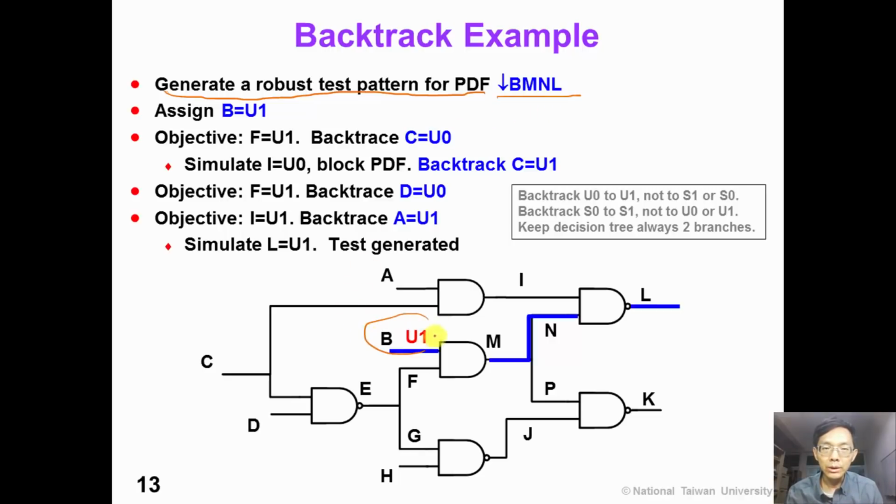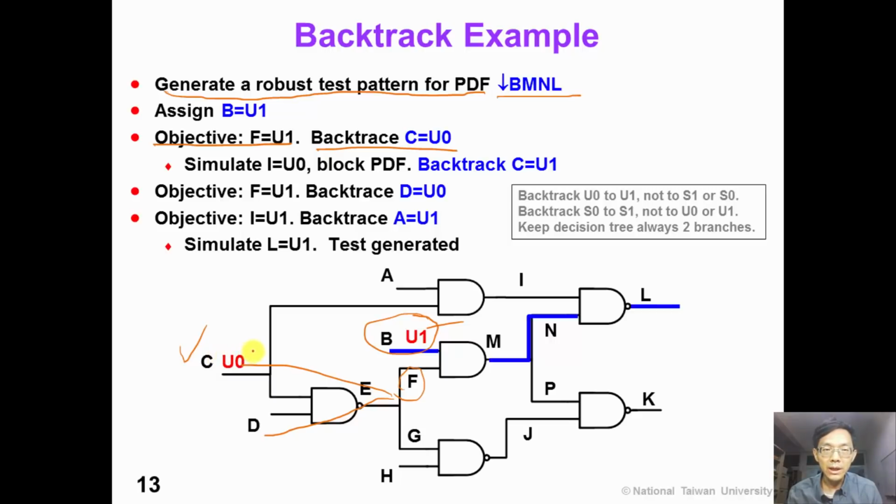At the starting point, we assign B to be U1 because 1 is a non-controlling value for this AND gate. So our objective value for the side input F can be U1. Now we have two choices to make. We can either backtrace to C or D. Let's say we choose C first and we backtrace the same type of value as our objective.